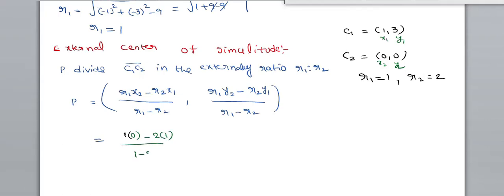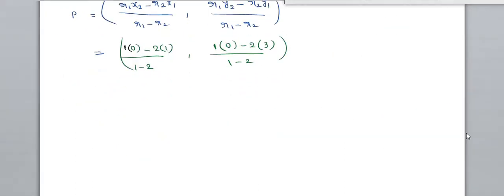So R1 minus R2 is 1 minus 2. y2 value 0, R2 value 2, y1 value 3, by 1 minus 2. 1 into 0 is 0, 0 minus 2 by minus 1, 0 minus 6 by minus 1. So minus minus cancel, 2 comma 6.